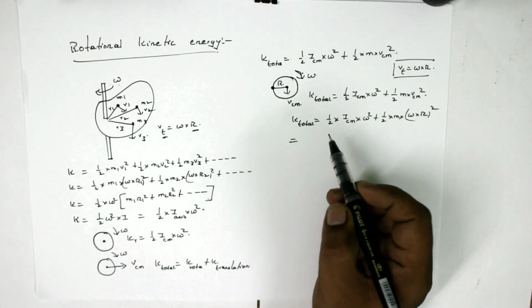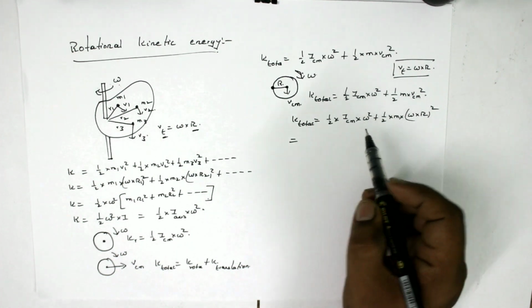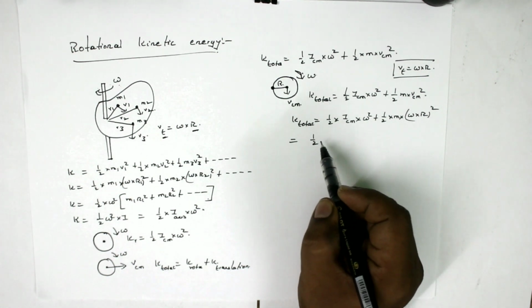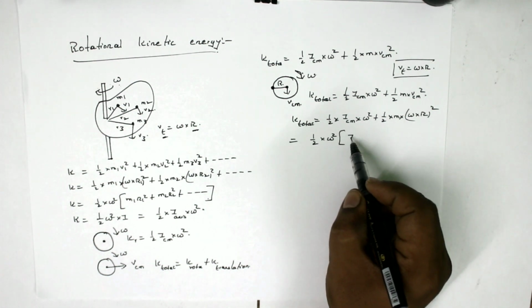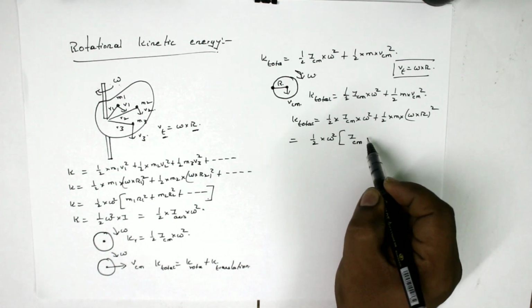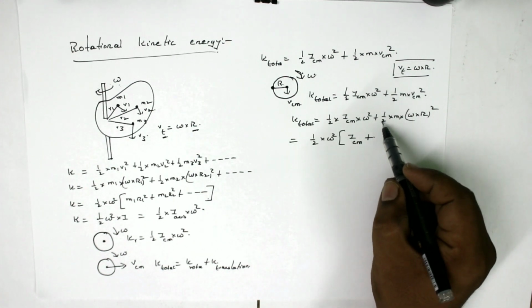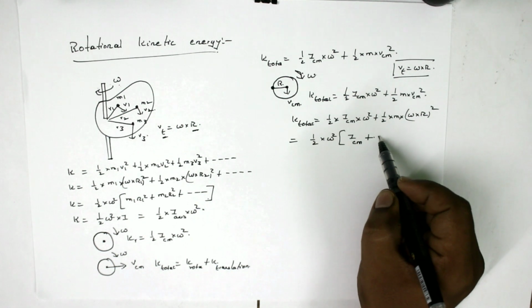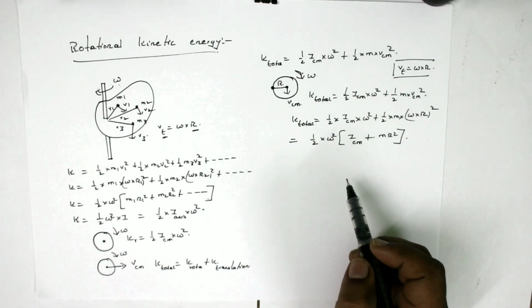Now half into omega square are constants, so I will take them outside. Which terms are left behind? I center of mass plus m into r square. So this is the relation which I got.